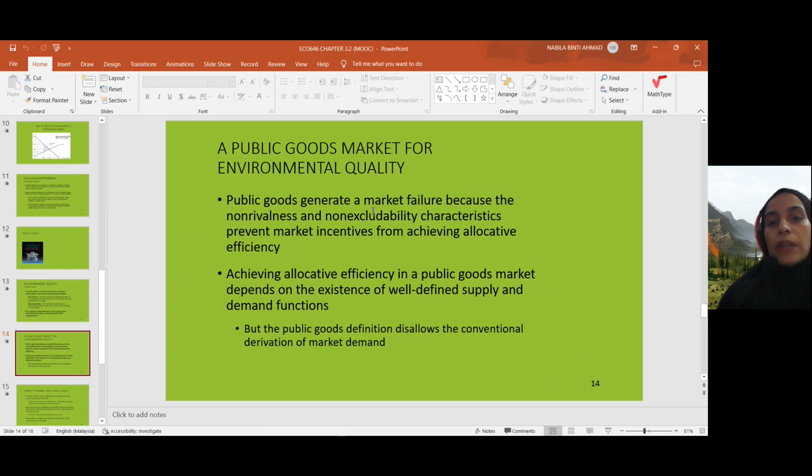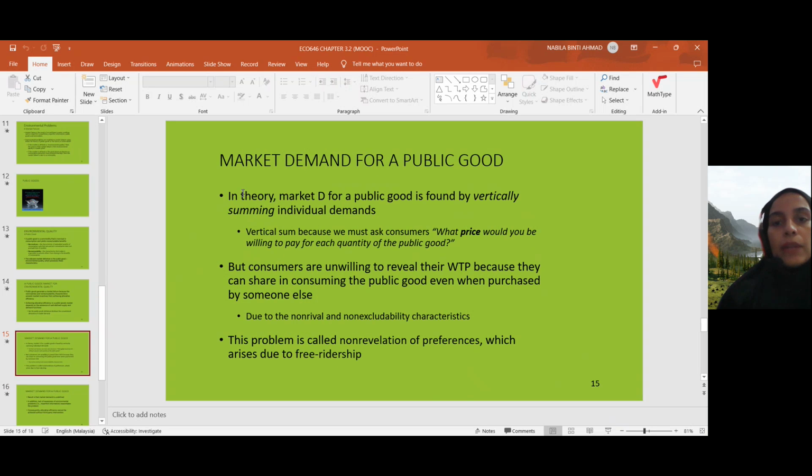So public goods generate market failure, because the non-rivalness and non-excludability characteristics prevent market incentives from achieving allocative efficiency. Achieving allocative efficiency in a public good market depends on the existence of well-defined demand and supply functions. The problem is that the public good definition disallows the conventional derivation of market demand. Market demand for public good in theory is found by vertically summing individuals' demand.